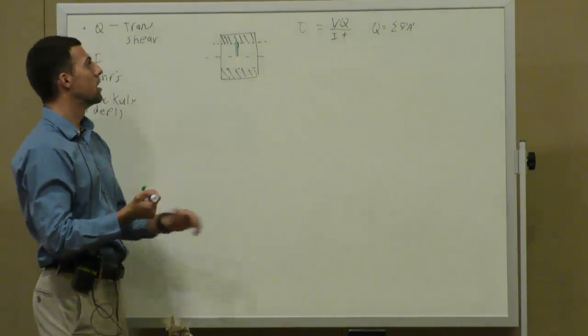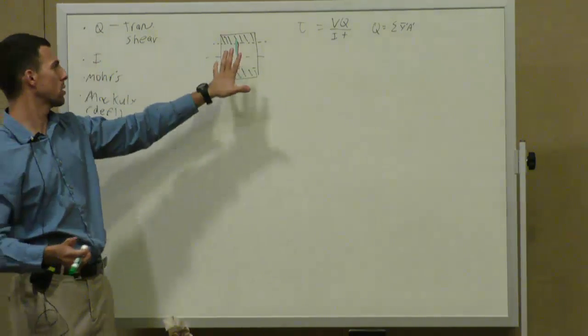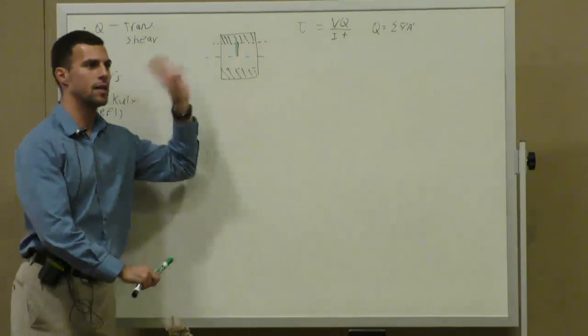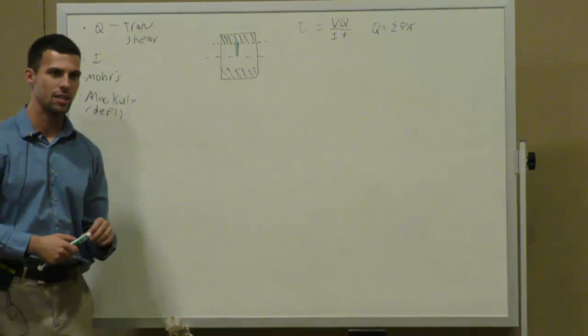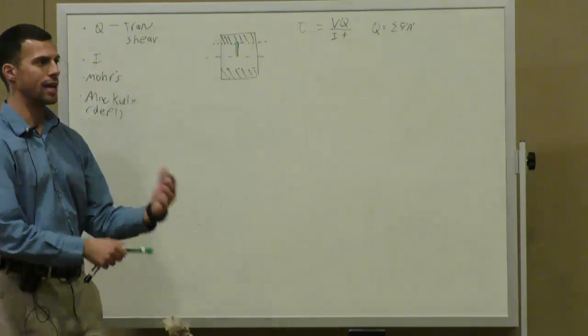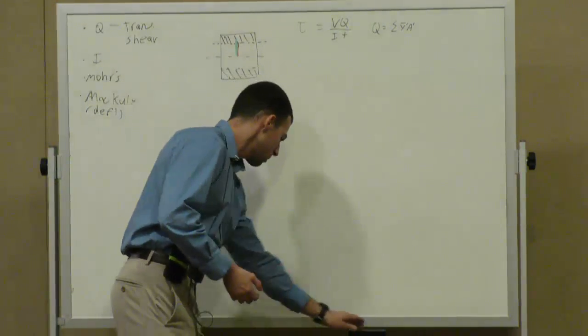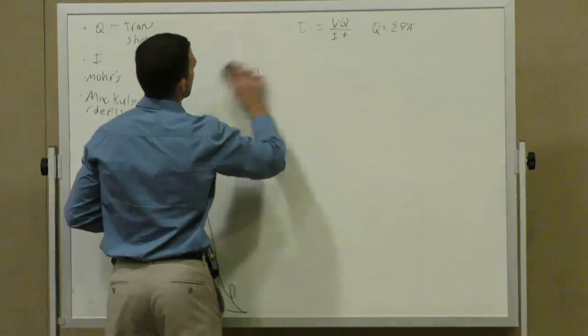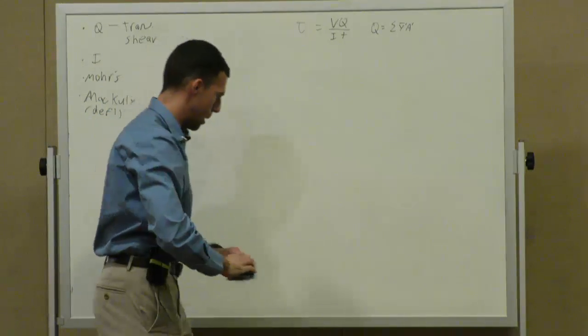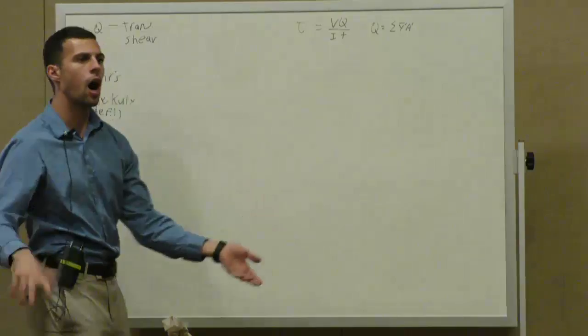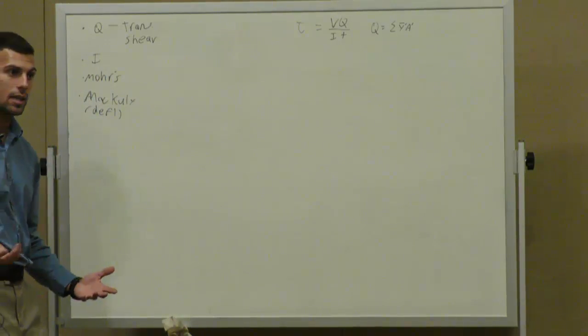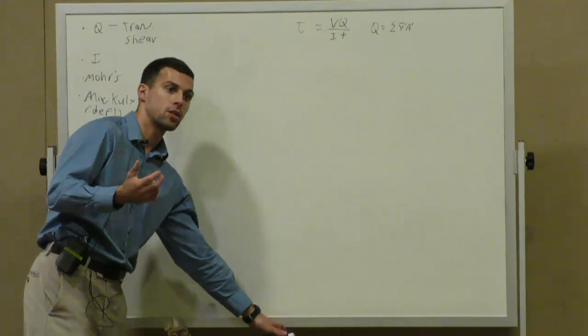So for rectangles, these nice easy shapes, does that make sense? Now let's do some quick examples of not so nice shapes. The common other shape is what? Circles.